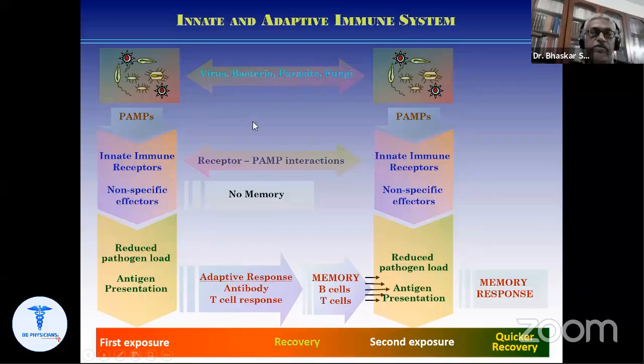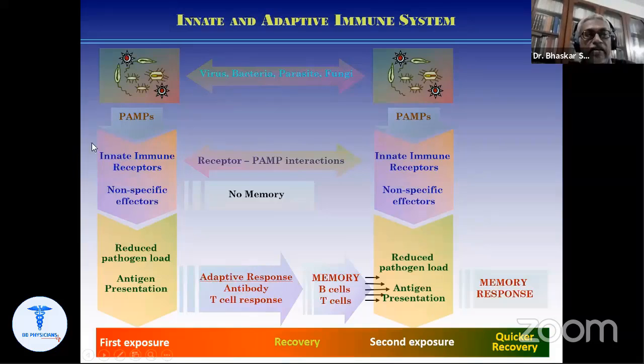What I have tried to show here is that the innate immune system faces different pathogens like virus, bacteria, parasites, and fungi, and they express different molecules on their surface, which we call pathogen-associated molecular patterns, that act as antigens.